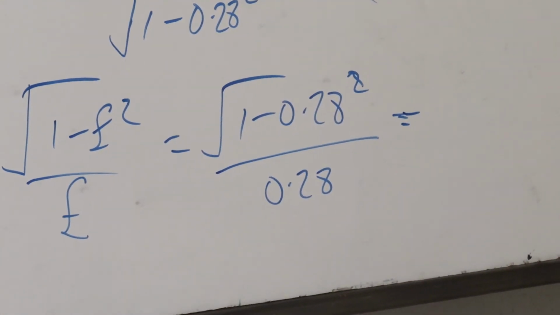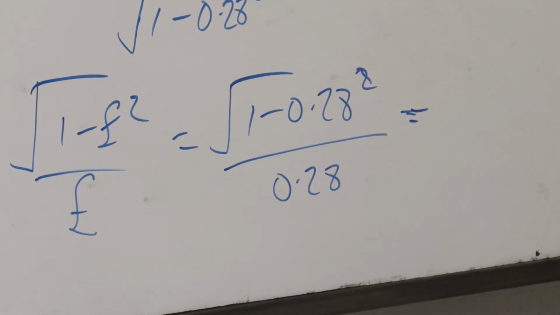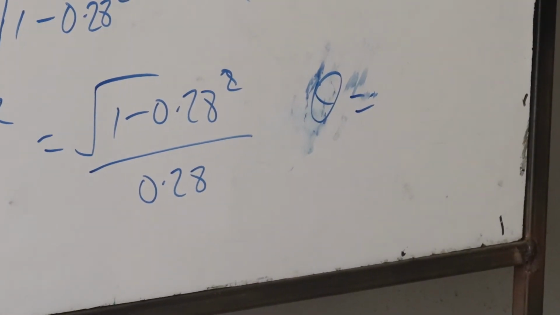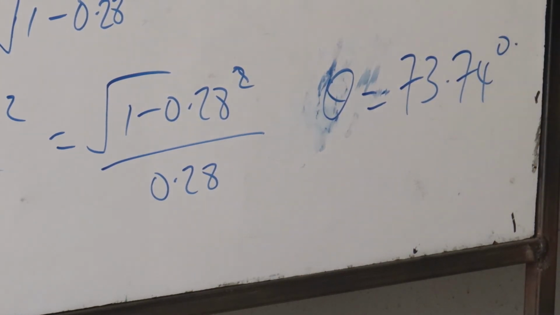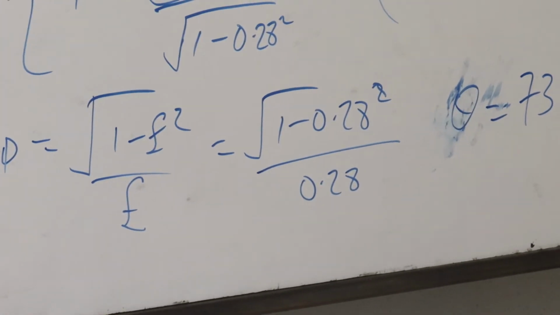If you evaluate it using the calculator and get the tan inverse of what you find, then phi is equal to 73.74 degrees. So that is now what we can have in that case.